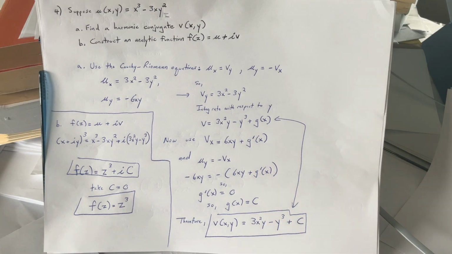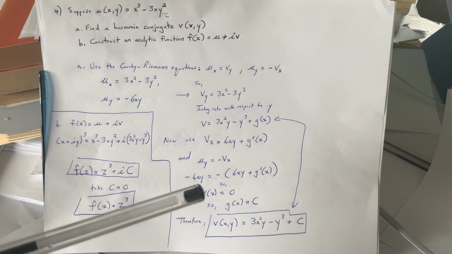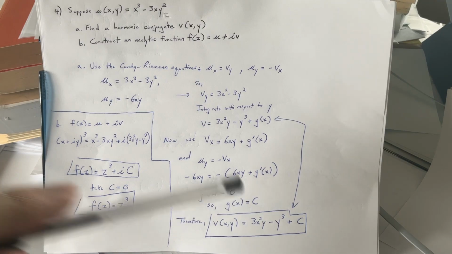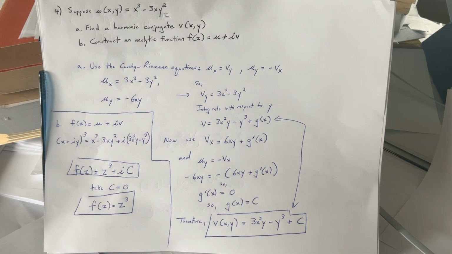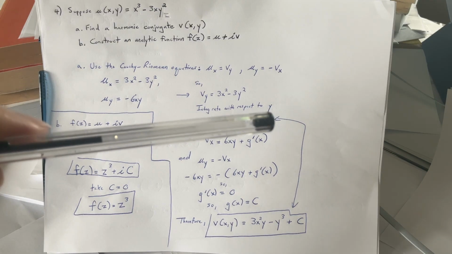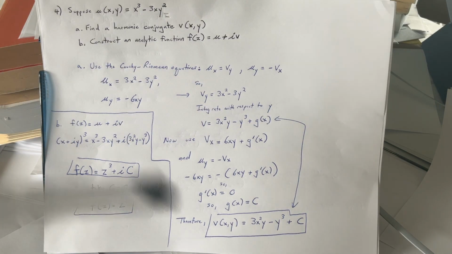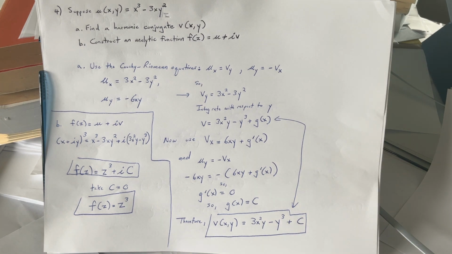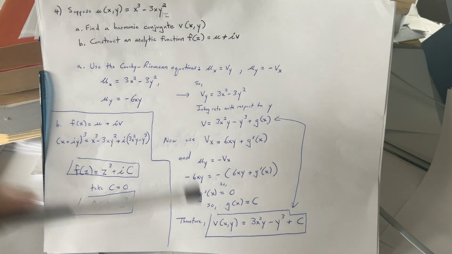So what we want to do here, again, we're finding a harmonic conjugate. We just set g prime of x equal to 0. So g of x is going to equal a constant c. So we have our v over here, g of x, that's our constant, c. Put these together. Therefore, v of x,y equals 3x squared y minus y cubed plus c. So that takes care of letter A.